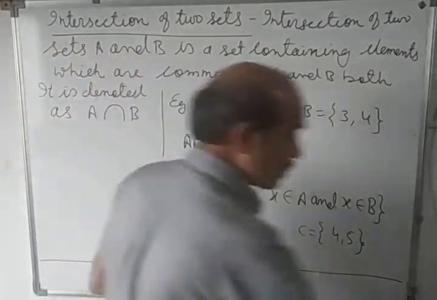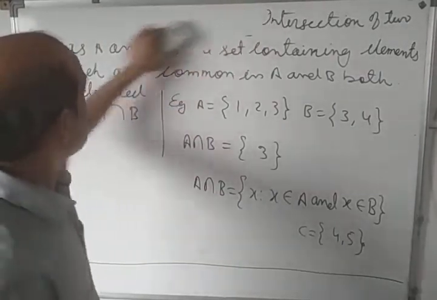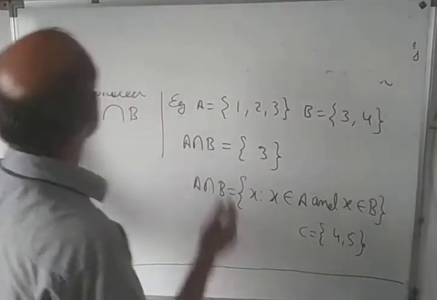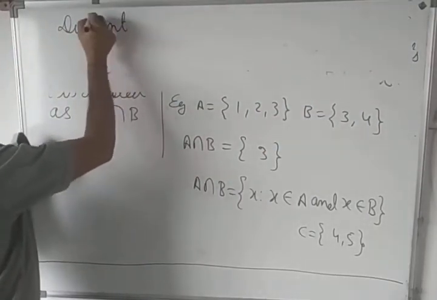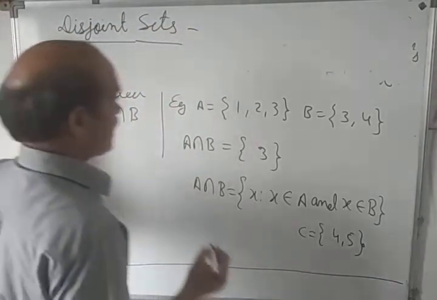Now we are going to do disjoint sets, which is connected to intersection of two sets. So next type of set is disjoint sets.